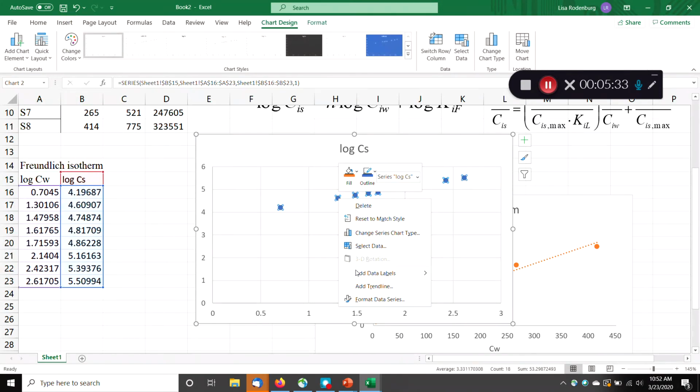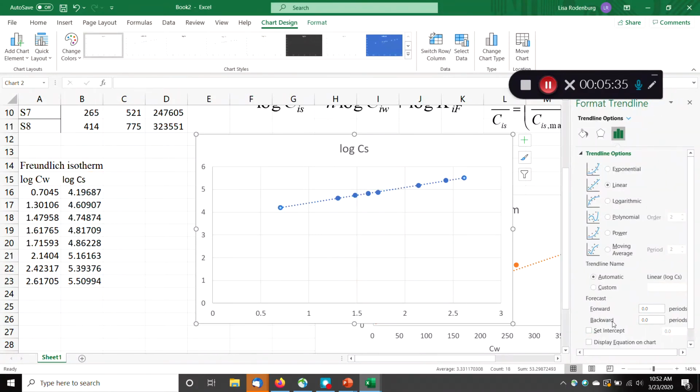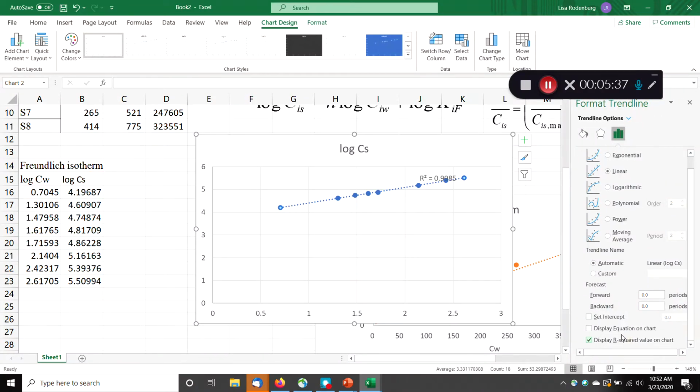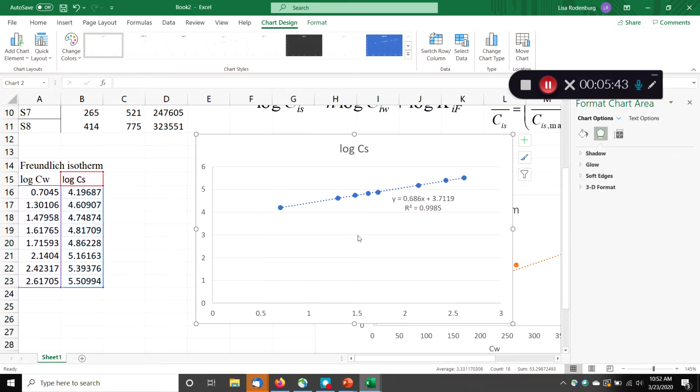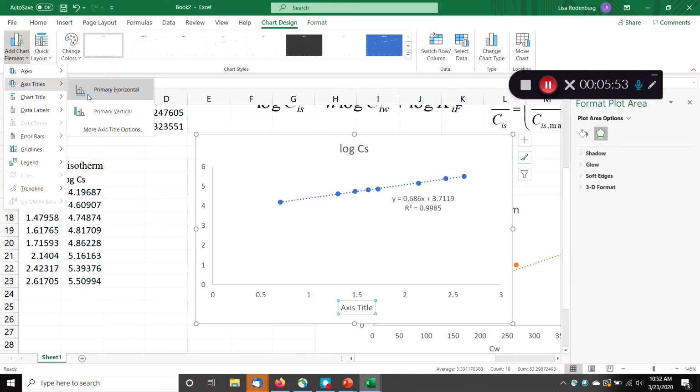Put our trend line on here. Now our R squared is 0.9985. Well, that's better. That's pretty darn good, in fact. I'm happy with that. And just to be really uptight about it, let's add our axes titles.